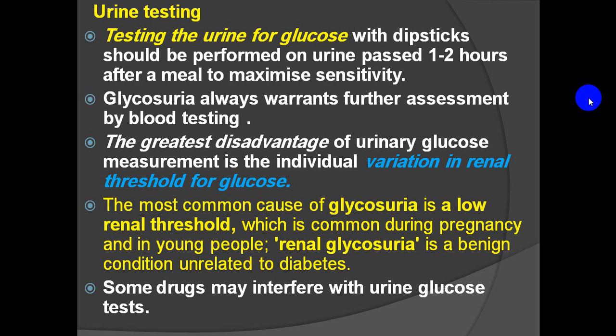But the greatest disadvantage of urinary glucose measurement is the individual variation in the renal threshold for glucose. When you have a low renal threshold for glucose, you may have glucose in urine but no diabetes mellitus. Such renal glycosuria is a benign condition and has nothing to do with diabetes mellitus. It might be seen during pregnancy or sometimes in young people.